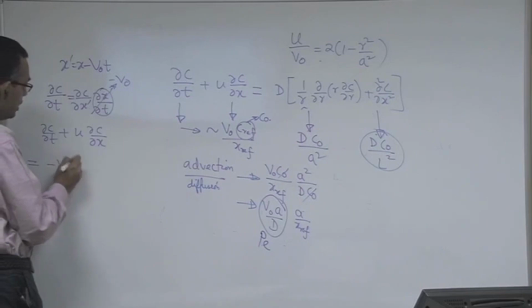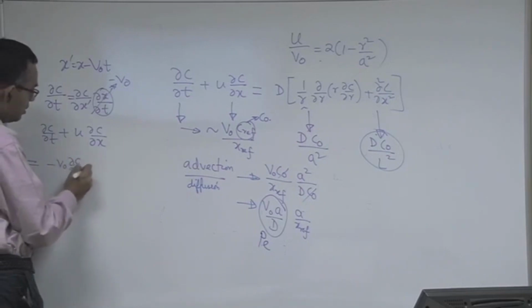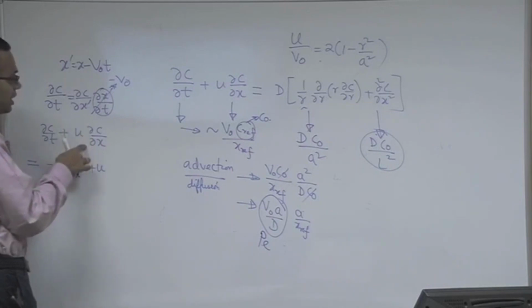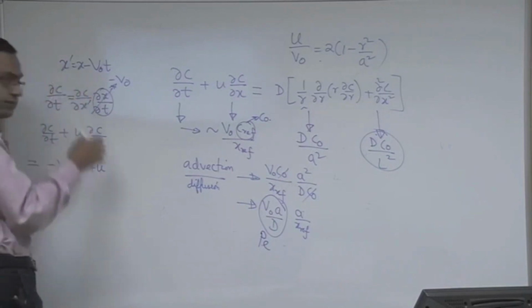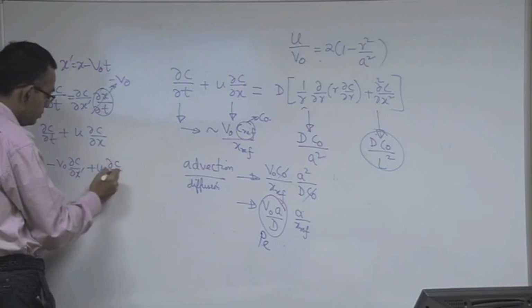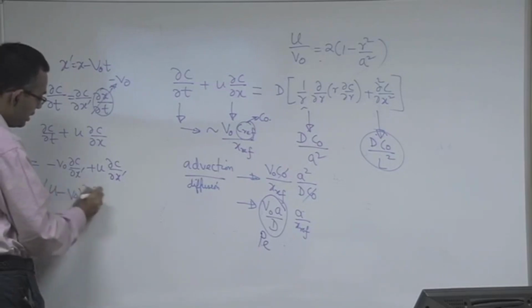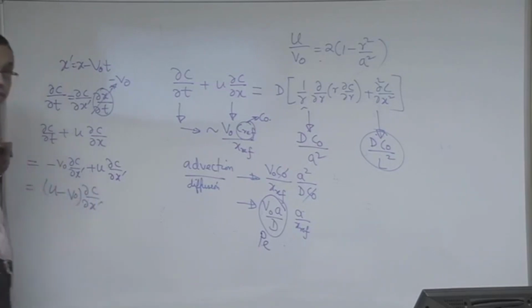Minus V0 del C del x dash plus u del C del x. Del C del x and del C del x dash are the same. So this is (u minus V0) del C del x dash. What is u minus V0? This is u dash.